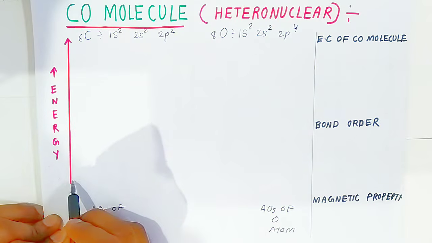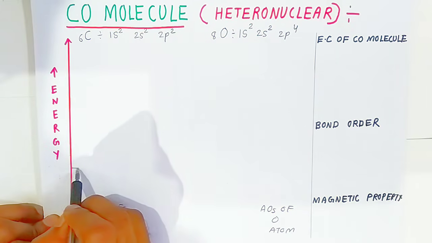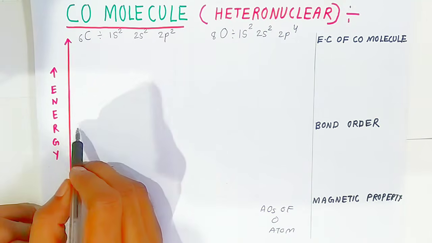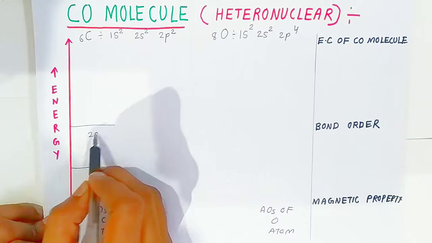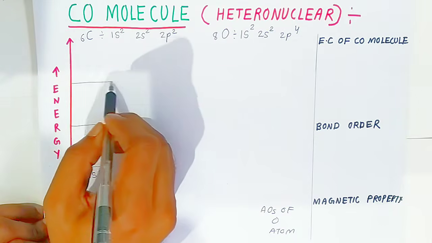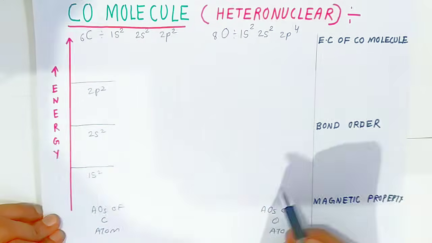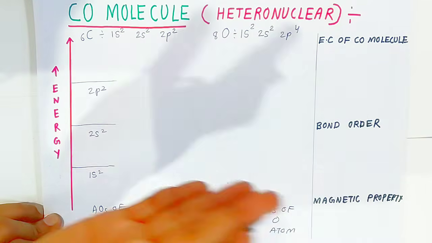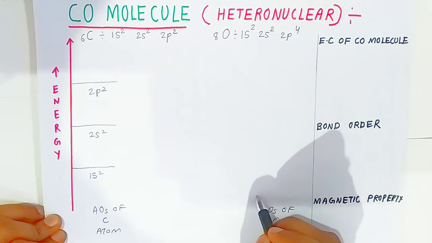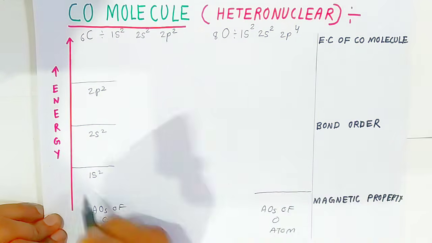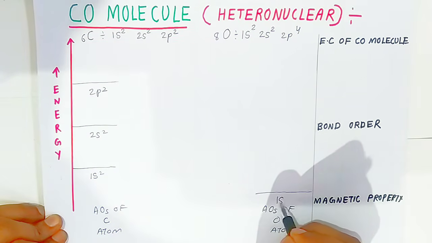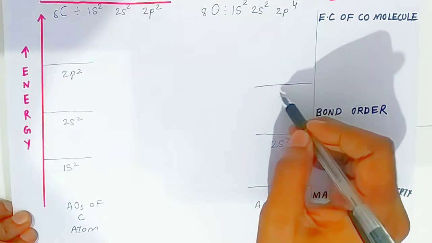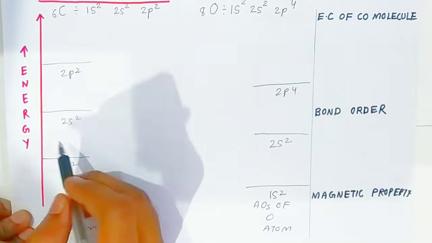So energy level of carbon, I am drawing 1s2, 2s2 and this is 2p2. Because of the electronegativity of oxygen, its energy level will always be lower than this carbon. So this is the 1s2, 2s2 and this is 2p4.